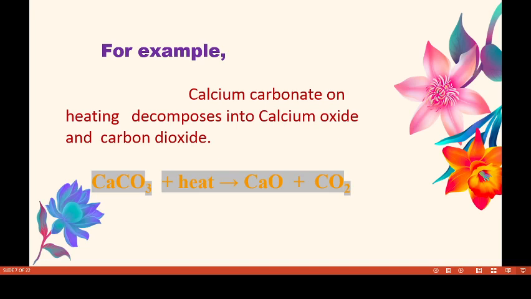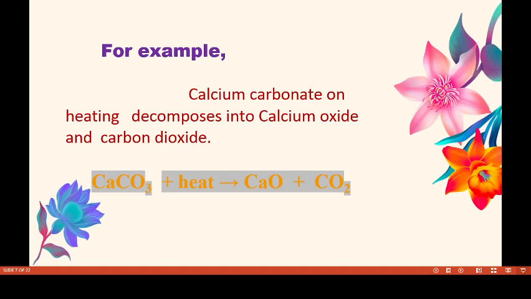Decomposition reaction is just the opposite of a combination reaction. For example, on heating calcium carbonate, which we call limestone, it decomposes into calcium oxide, another name for which is quicklime, and carbon dioxide.